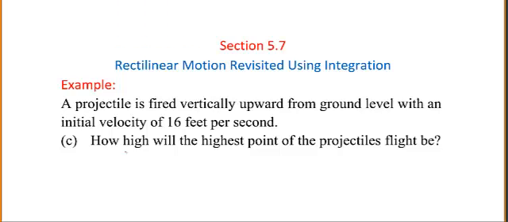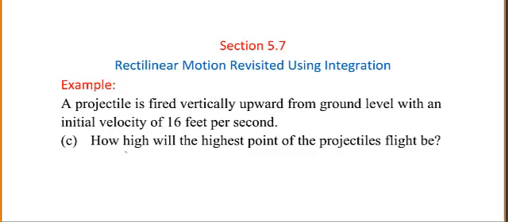What will be the highest point? Well, we can think of this in a couple of ways. One way is physically: the object is moving up for the first half second, then it starts moving down, so the velocity will be negative after 1/2 second.